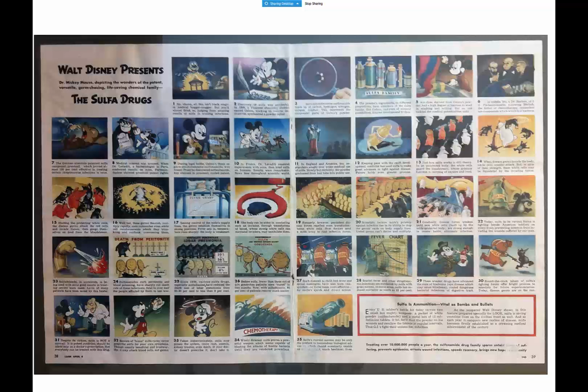And then at some point in the second to last cartoon slide, it says chemotherapy. So this is where that term started to be used, the idea of using chemicals to treat disease. At this point, it wasn't cancer, it was disease. And so this is your typical war propaganda, to sort of show people that these drugs were as important as bullets in terms of winning a war, because if you had a wound, these kept them from getting infected.